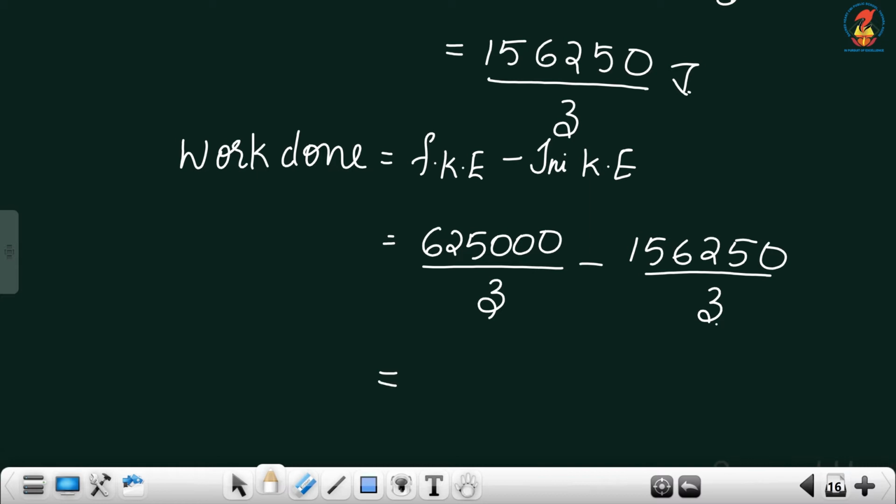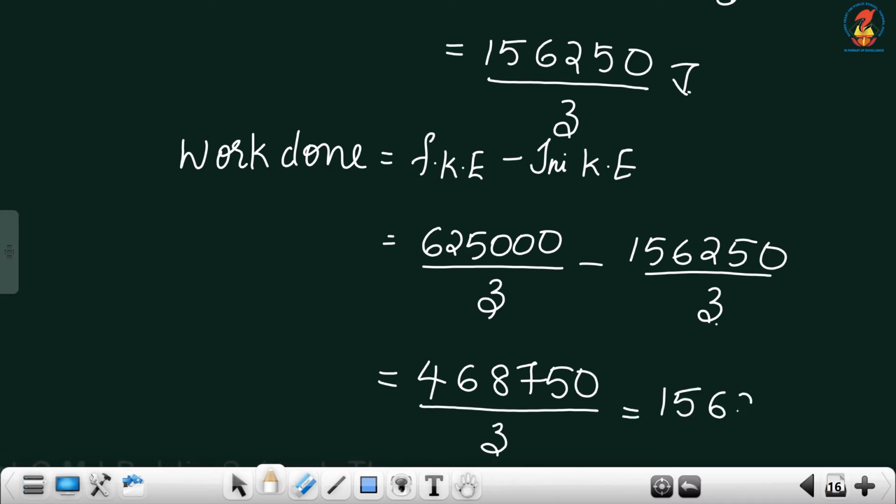Since the denominator is the same one, you can subtract it. You will get the answer 468,750 divided by 3, that is equal to 156,250 joule. This one will be the answer.